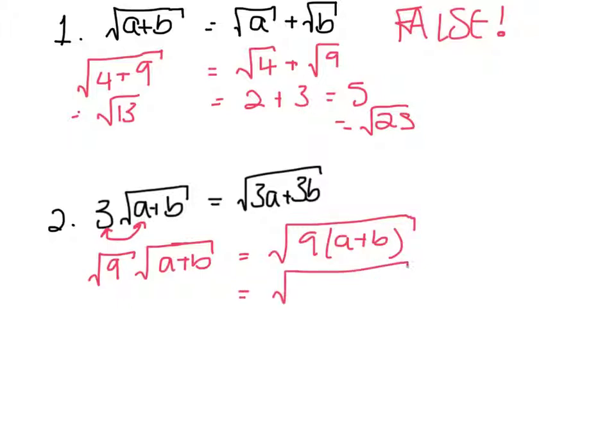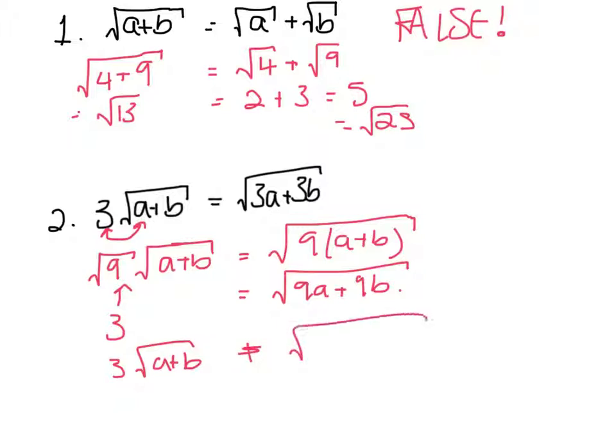And if we expand that little bracket out inside, we're going to get that. Now, we know that root 9 is 3. So 3 root A plus B can't equal root 3A plus root 3B. So that one is false as well.